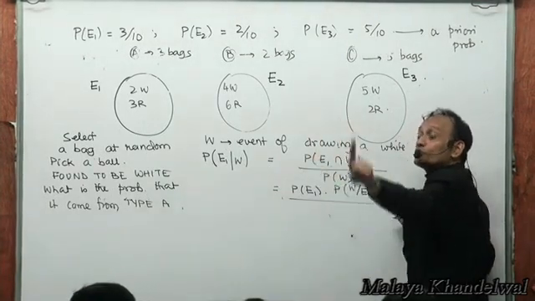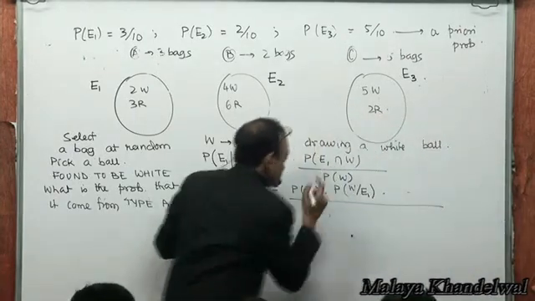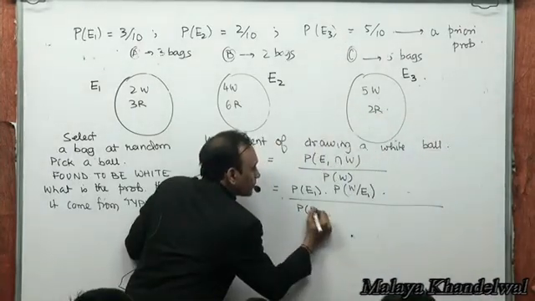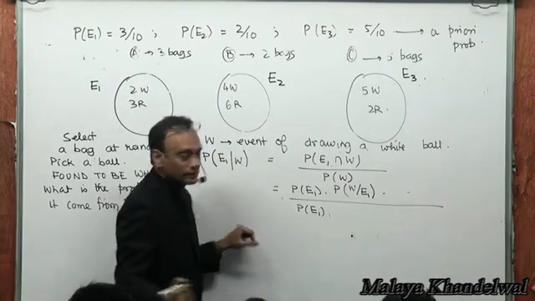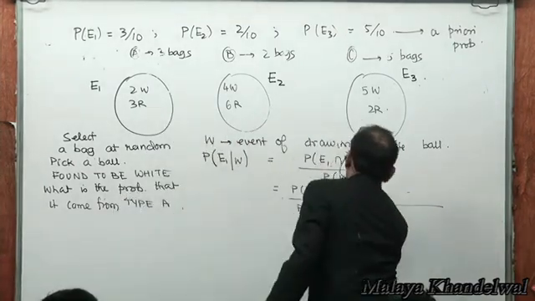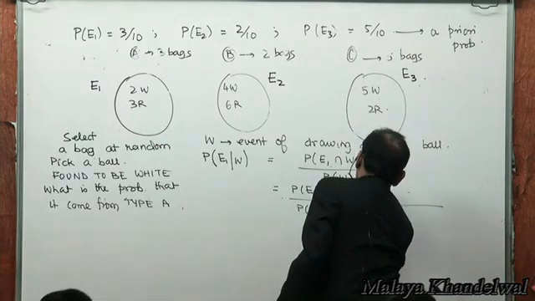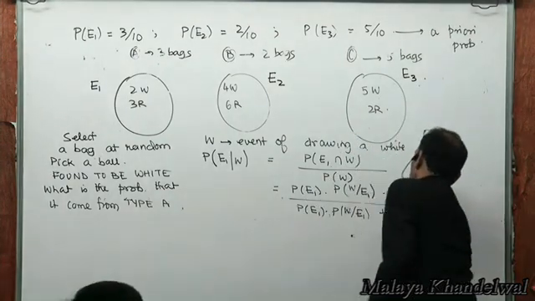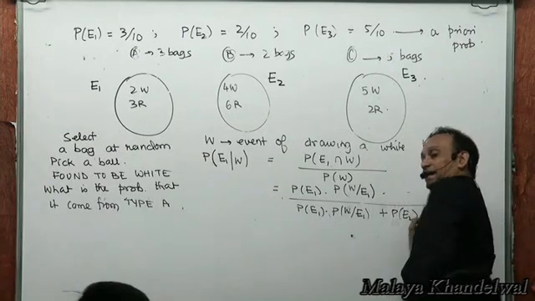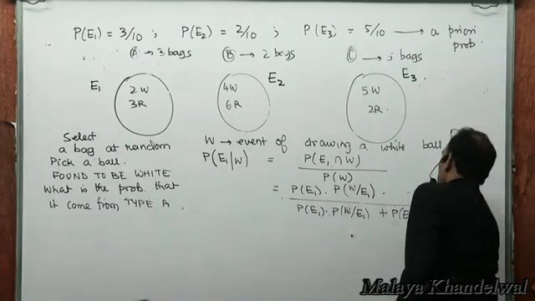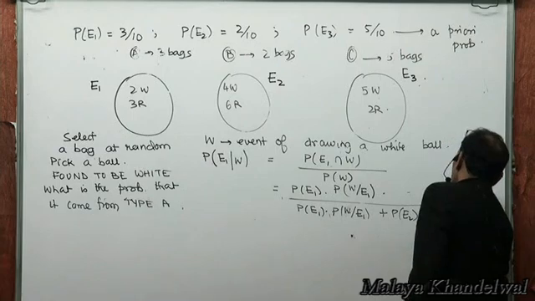This, from the total probability theorem, is going to be: I could have drawn a type A bag, into probability of white given E1, or I could have drawn a type B bag, which is P(E2) into probability of white given E2.